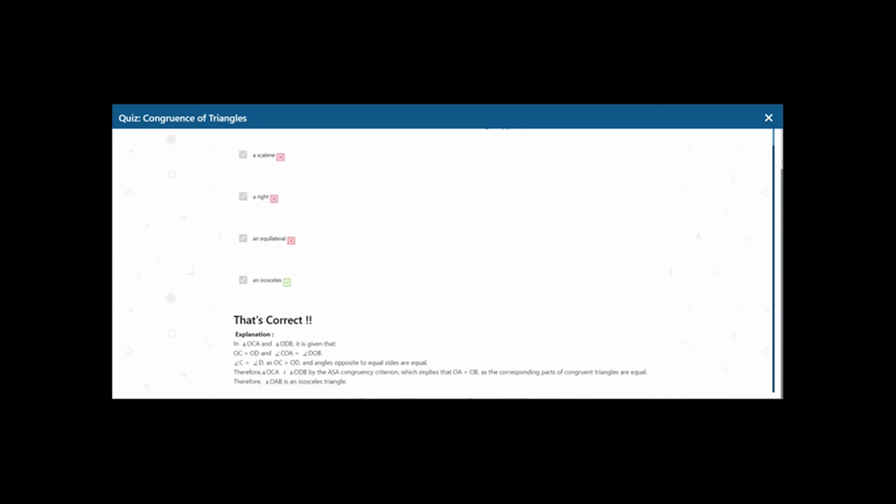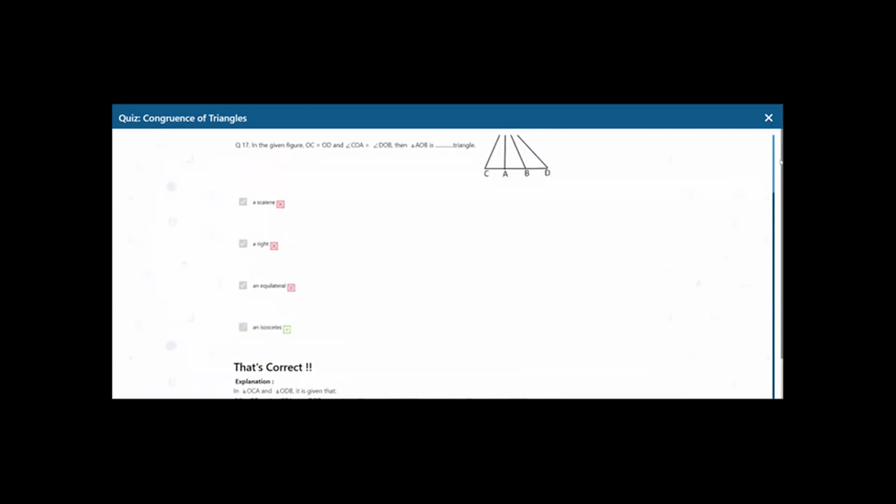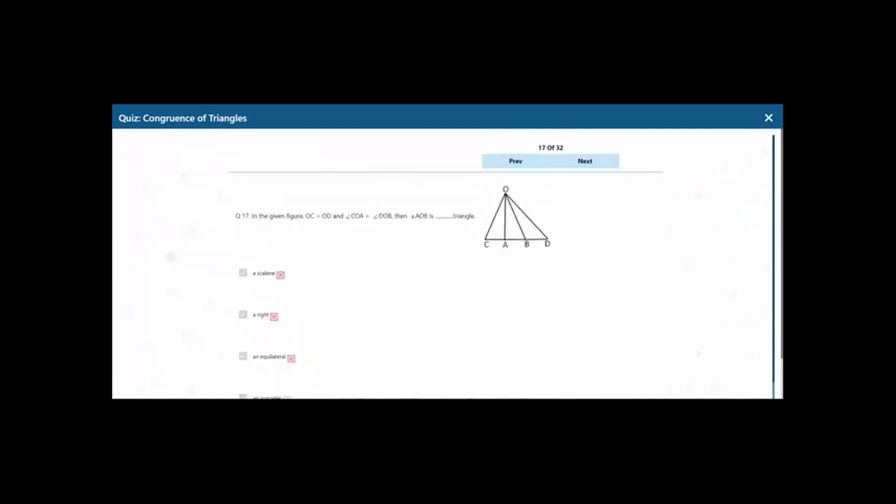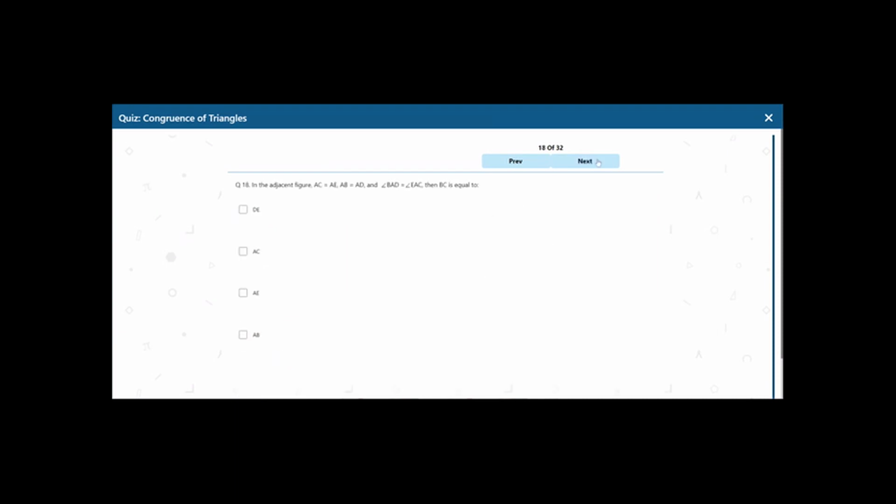The right angle will not come here, because they have given OC equals OD, COA equals DOB. We can't just say. If OC was equal to OB and OA was the median, then we can say OAB is 90. Otherwise, we can't say.